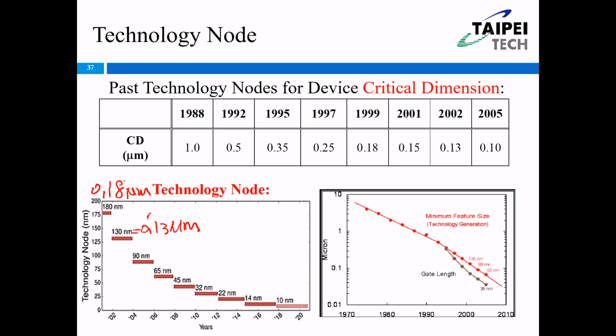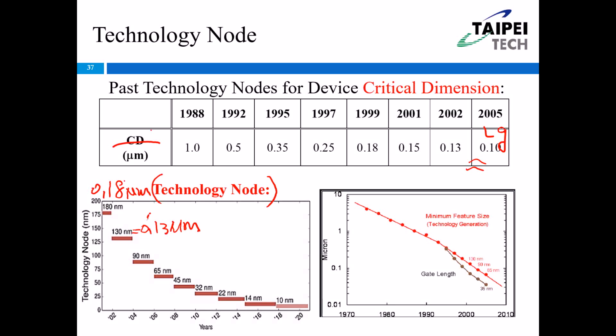And right now, I show you that maybe 20 years ago, the critical dimension is the gate length, and the gate length is also equal to the technology node. You can see 2005 is here.